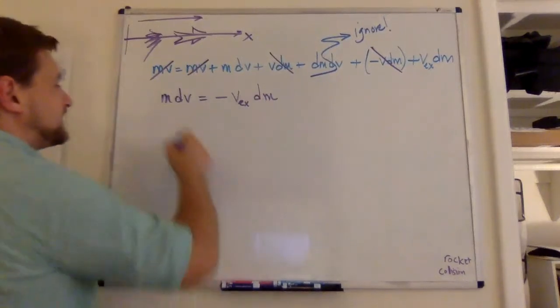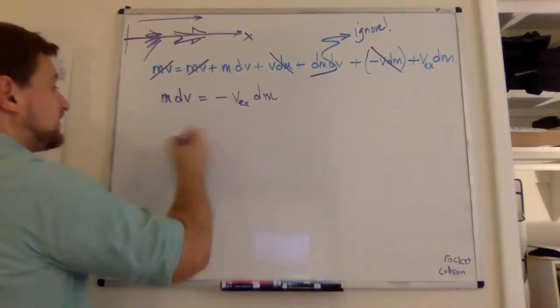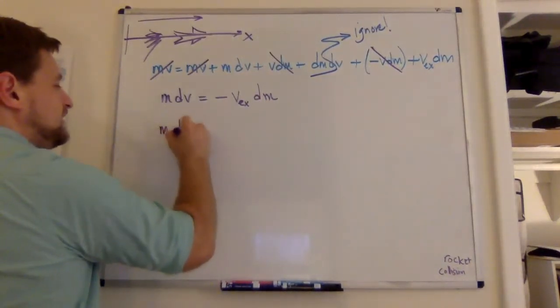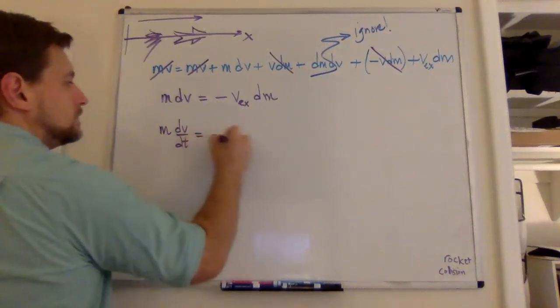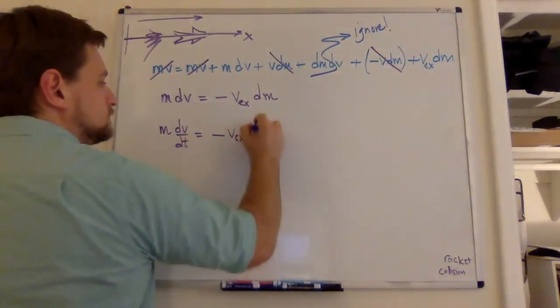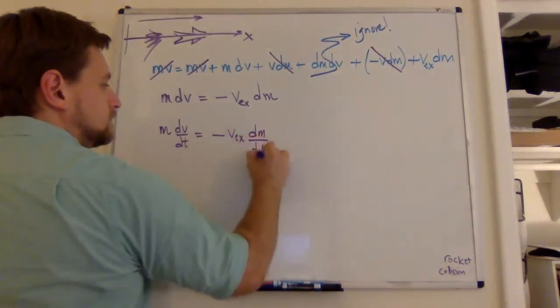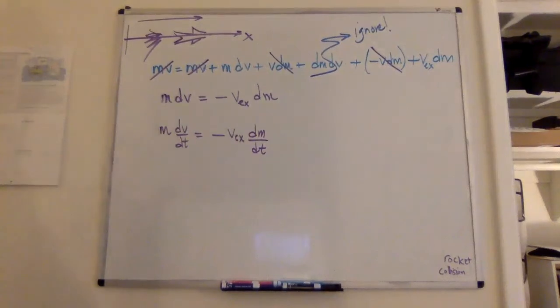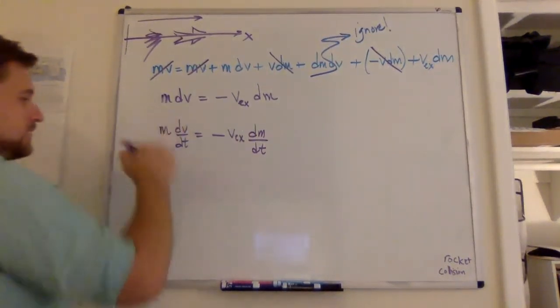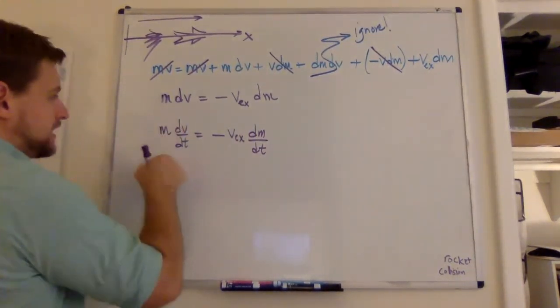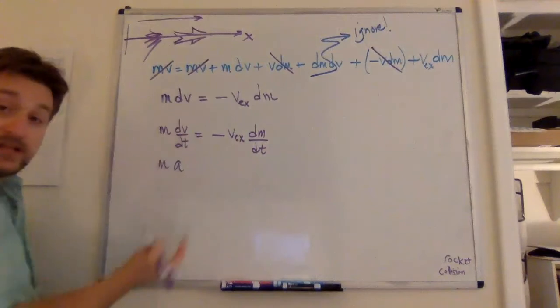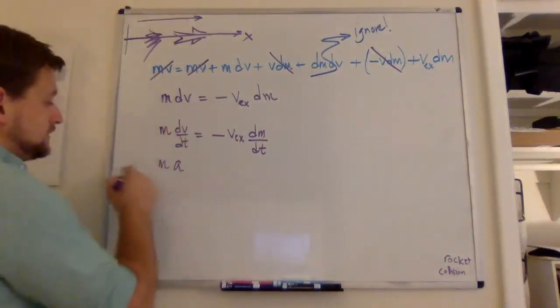I'll follow along with the textbook. If we divide both sides of this equation by dt, then on this side, we're talking about the mass of the rocket and the acceleration of the rocket, dV/dt.